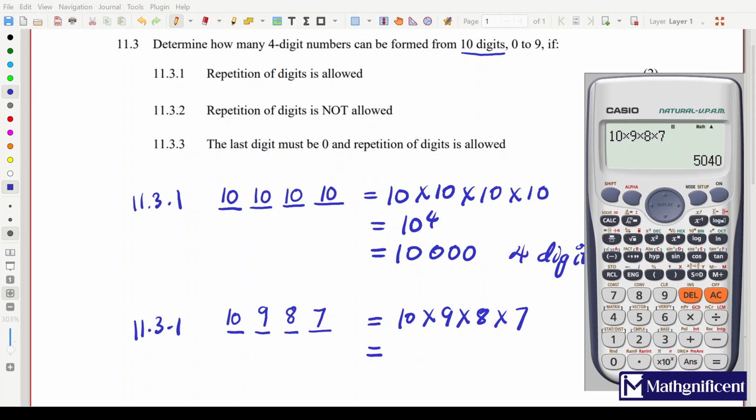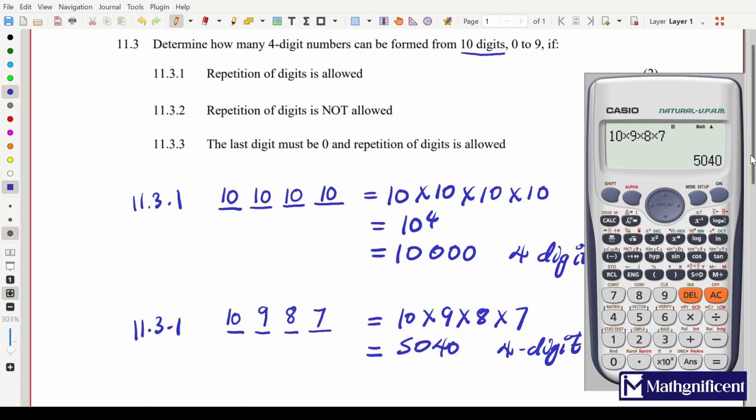We get 5,040. 5,040 what? Four-digit numbers, right? So it's 5,040 four-digit numbers that can be made if there's no repetition of any digit.